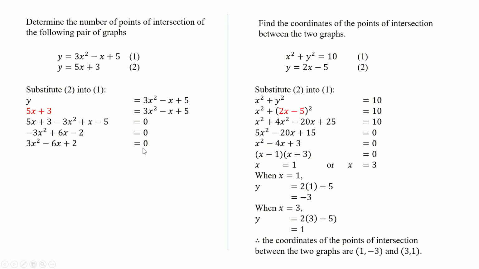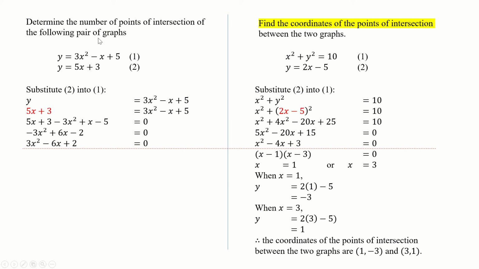We'll pause a while over here to discuss some pointers. Let's compare the working so far for both questions. In both questions, we start off by substituting the linear equation into the non-linear equation to obtain a quadratic equation. In the previous question, we went on to solve the resulting quadratic equation, because we had to find the values of x and y, which are solutions of these two equations, in order to find the coordinates of the points of intersection.